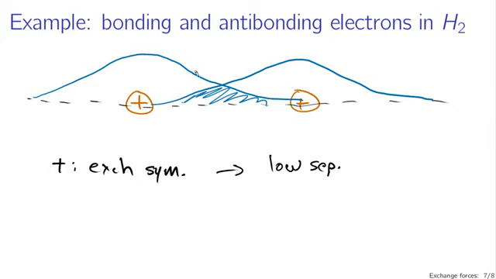The region where the electrons have small separation is in between the two protons. So the electrons are concentrated between the protons. That means we're going to have an effective negative charge density in between the two protons, and that will act to attract the protons together.